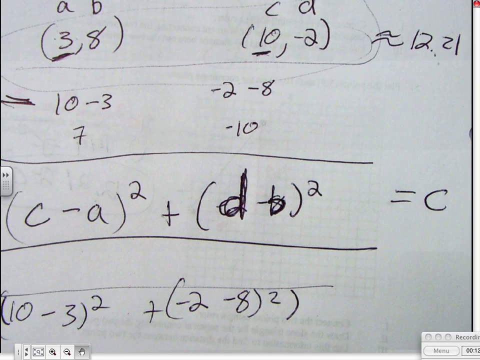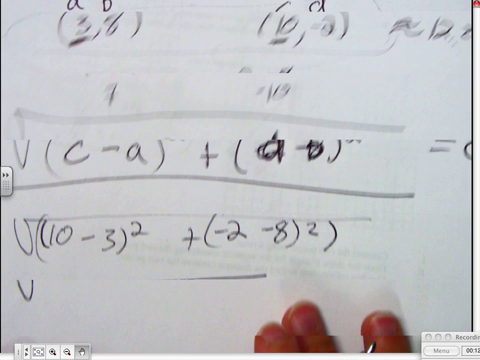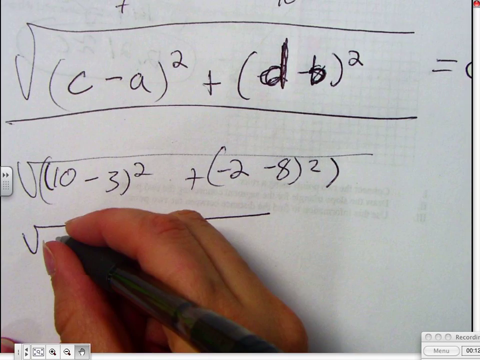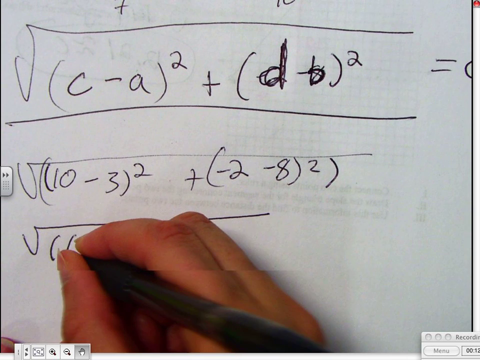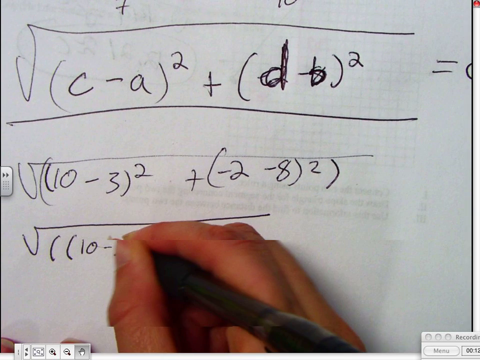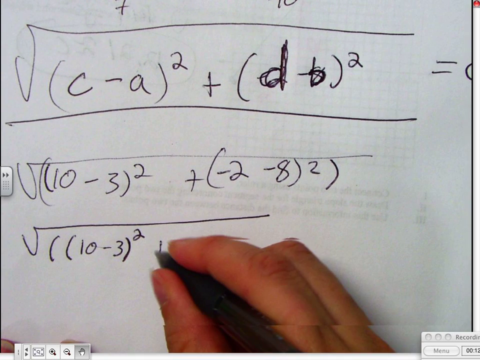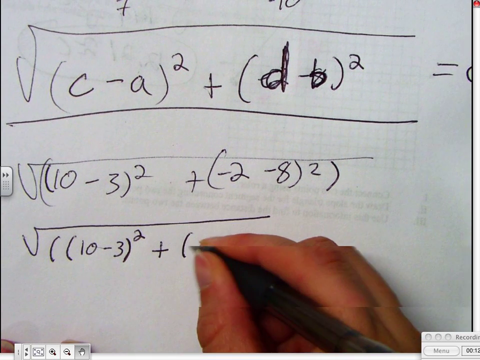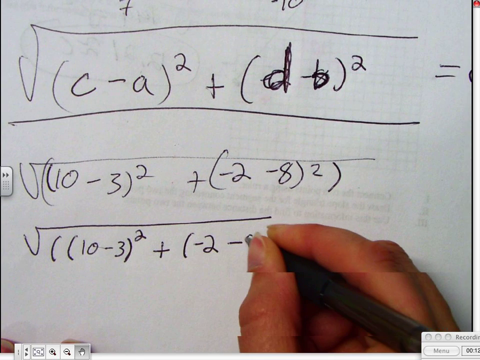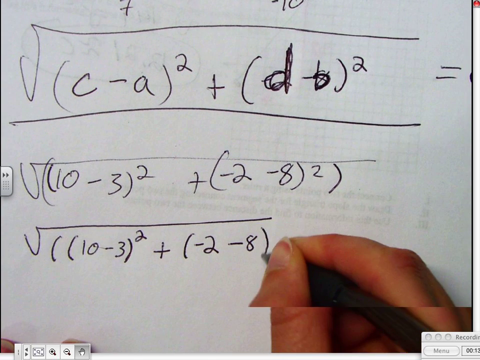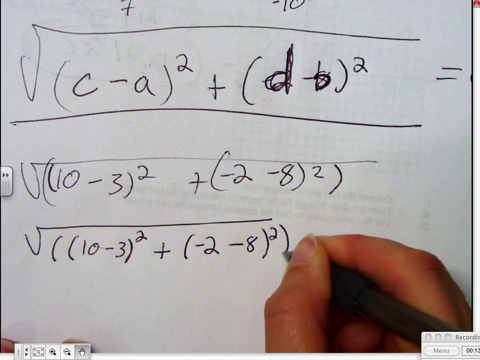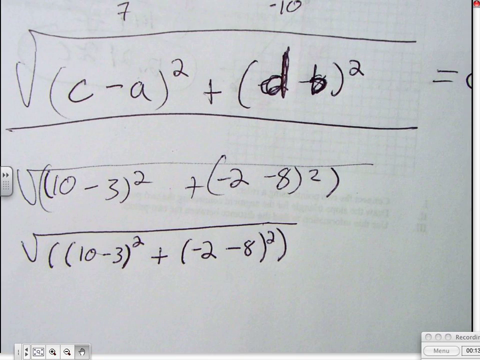You have to do the square root, parentheses, parentheses, 10 minus 3, end parentheses, squared, plus parentheses, negative 2 minus 8, end parentheses, squared, end parentheses. Do you get the same answer?